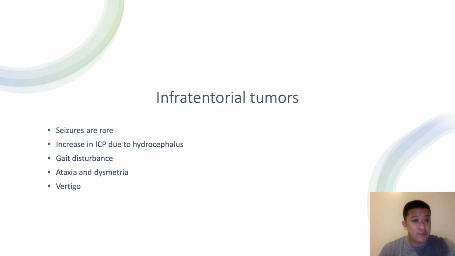Increase in ICP due to hydrocephalus is very common due to the blockage of the CSF pathway, most likely the fourth ventricle or the aqueduct of Sylvius. And then you will also have gait disturbance, ataxia, dysmetria brought about by tumors of the cerebellum, and of course vertigo as well.